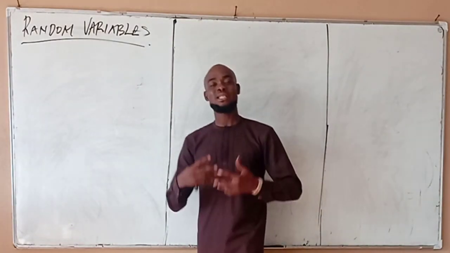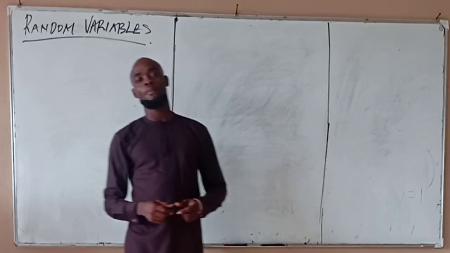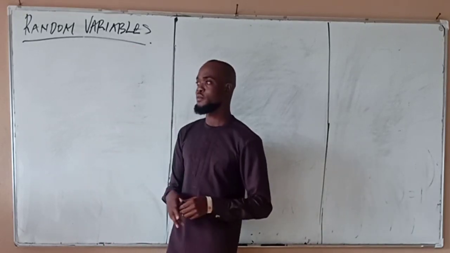Random variable. What is a random variable? That's the first thing. A random variable is a variable whose value is subjected to variation of choices.